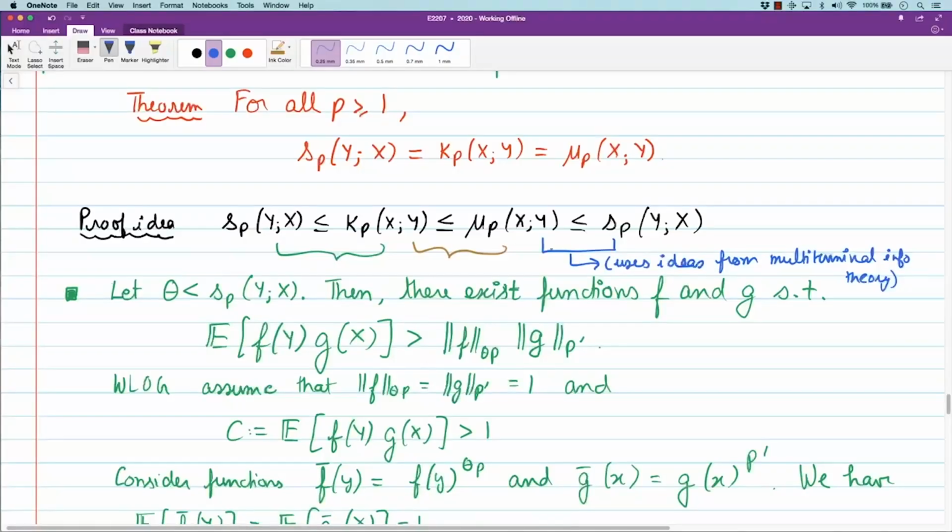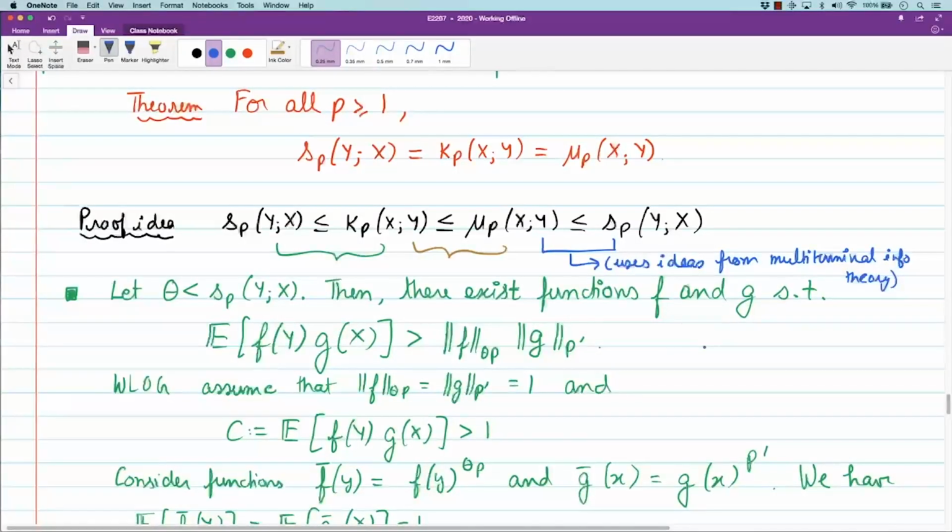In fact, we show that this upper bound holds. Therefore, we show that for large enough n, it suffices to consider indicator functions of sets, subsets of X^n and Y^n, rather than arbitrary functions.